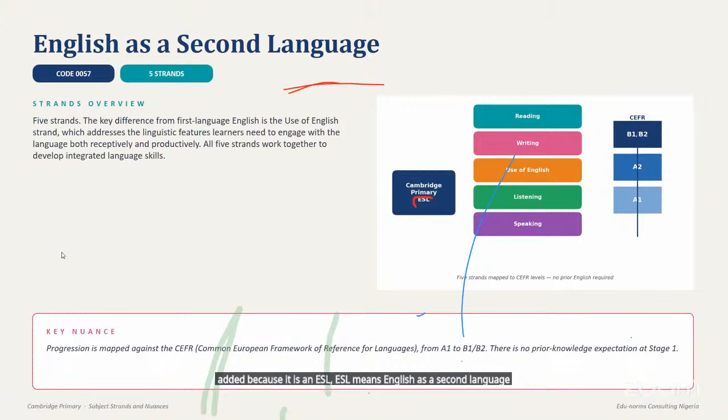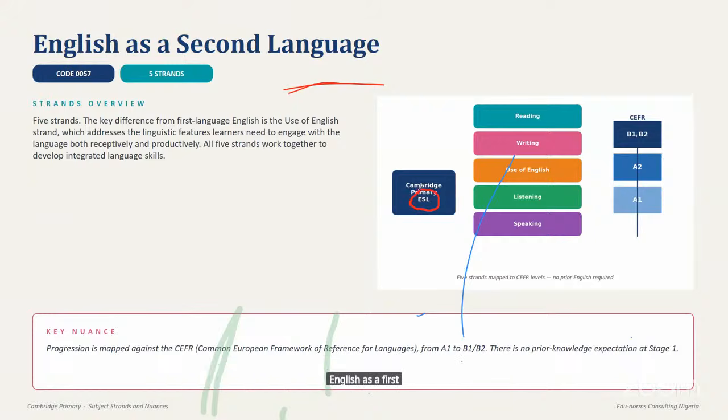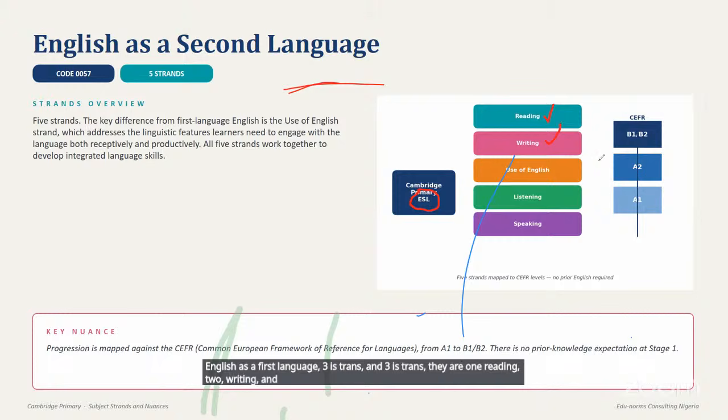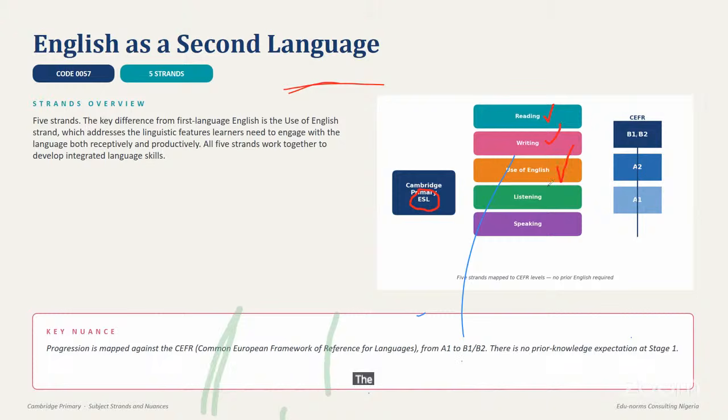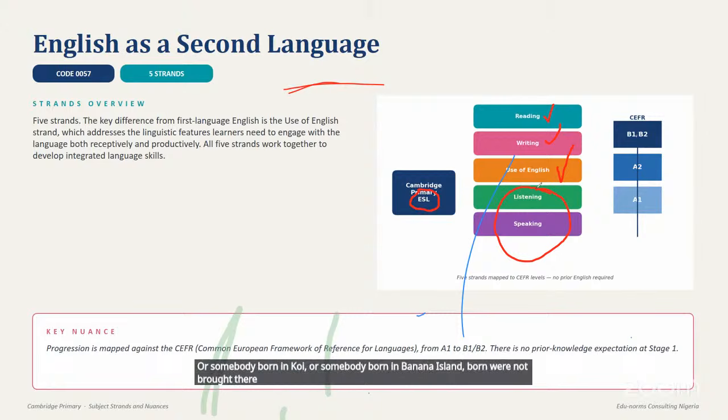The first one is English as a first language, three strands: one, reading, two, writing, and three, use of English. But now these other two are not needed by a native English speaker, somebody born in the US and the UK, or somebody born in Ikoyi, or somebody born in Banana Island, born there, not brought there.